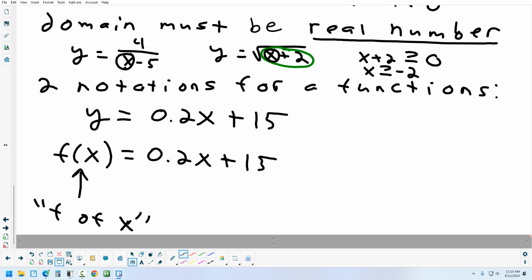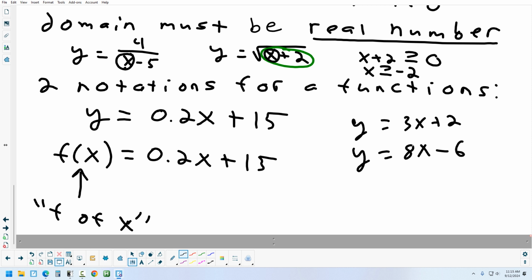The reason why you might see this notation is because if I had this on the board, and I wanted to distinguish between those two equations. Well, they both say y equals. So I could say, look at the one with a slope of 3, or look at the one with a slope of 8.